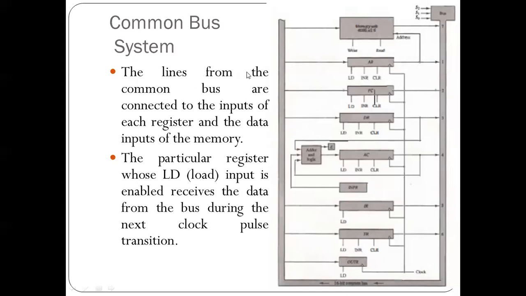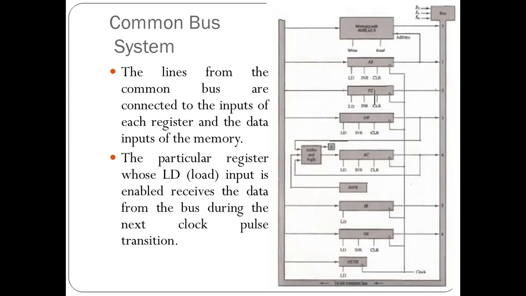The lines from the common bus are connected to the inputs of each register and the data inputs of the memory. What we want is a transfer between a register and any other register, or a transfer between a register and the memory. Either of them can happen.